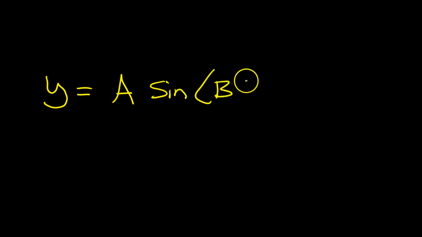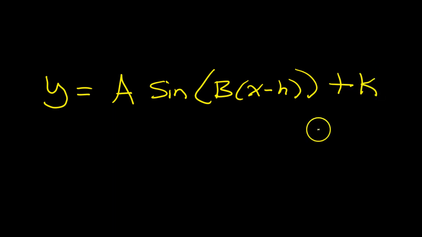If I have a function in the form y is equal to a times the sine of b, and then in here I'm going to have x minus h, and then plus k.